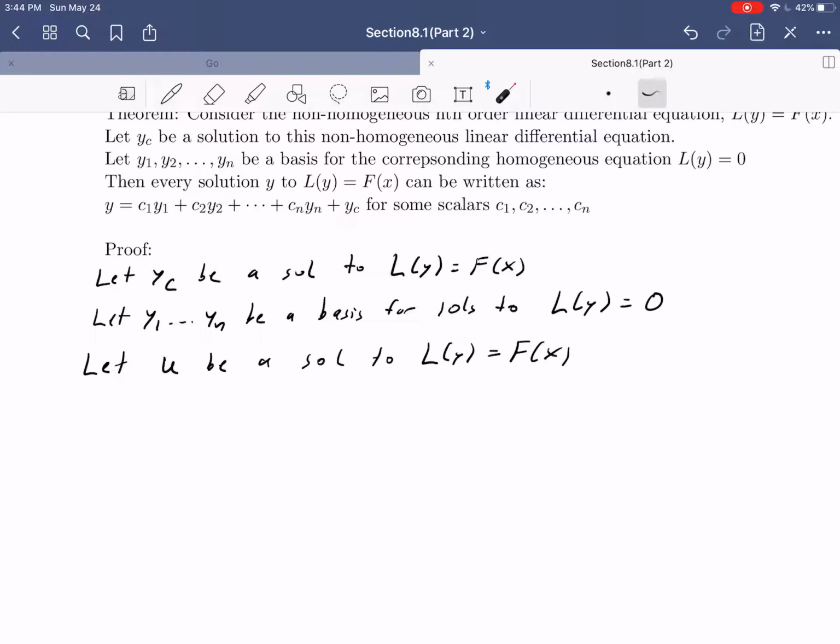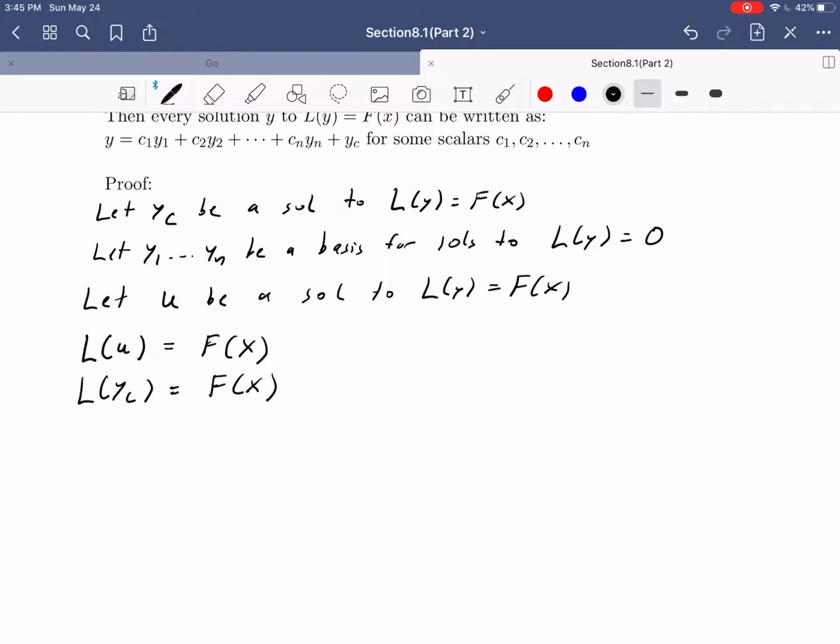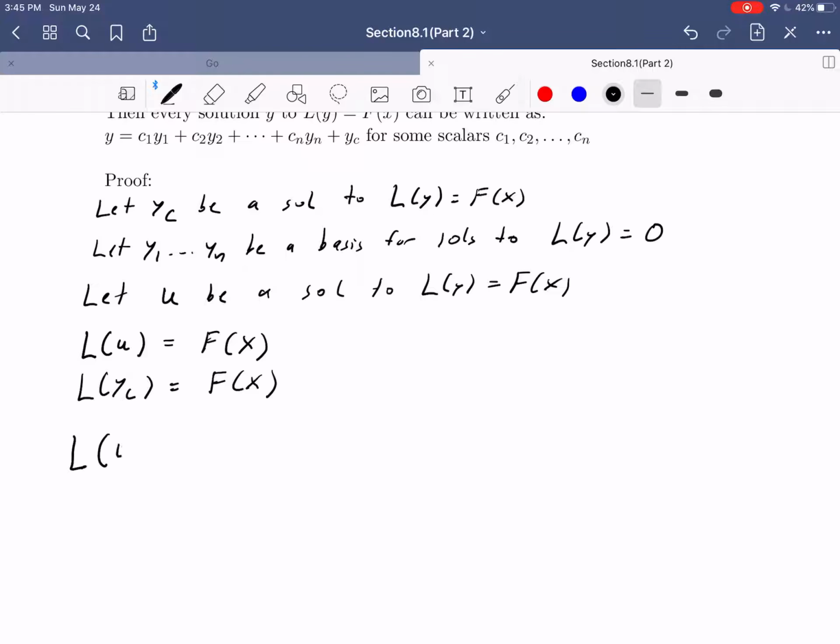Okay, since u is a solution to this, this means that L of u equals f of x. That has to be the case here. But now what I want to consider is that we also let y sub c be a solution to this, so L of y sub c equals f of x. So what does this tell us about L of u minus y sub c?